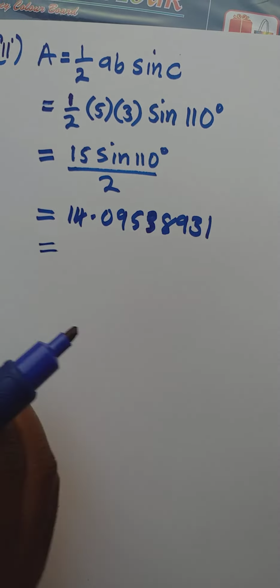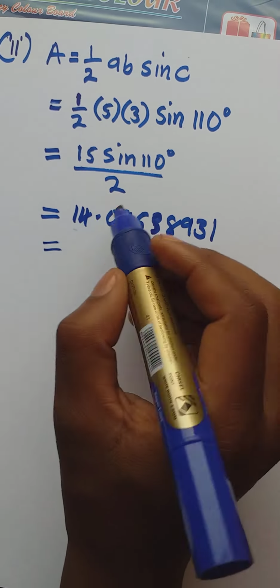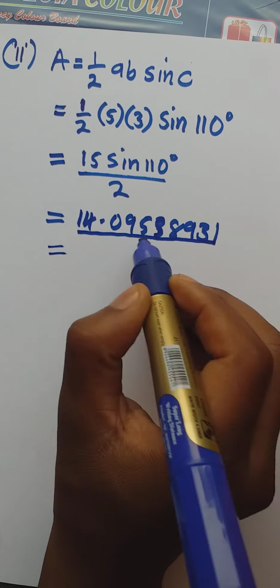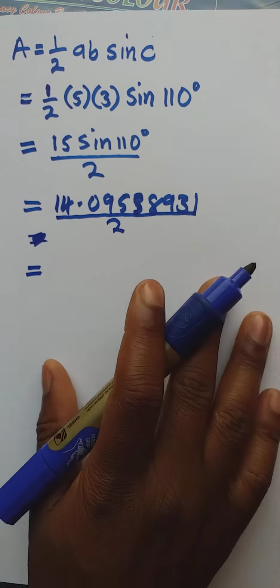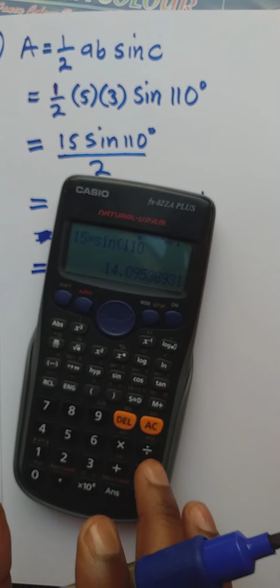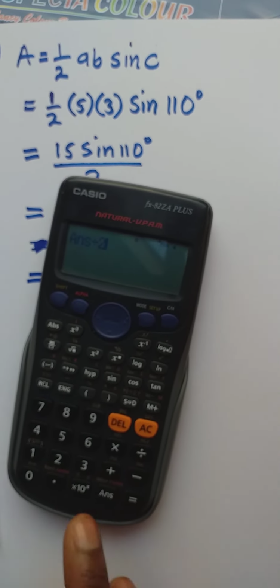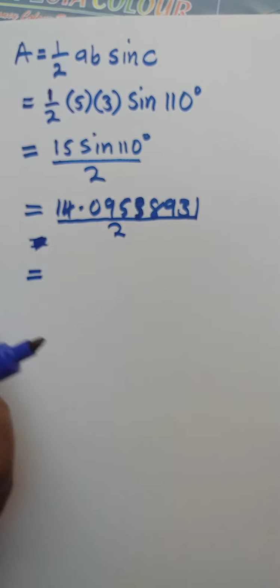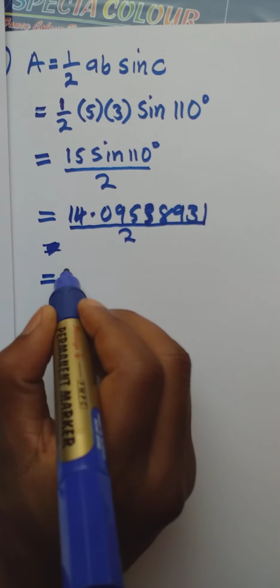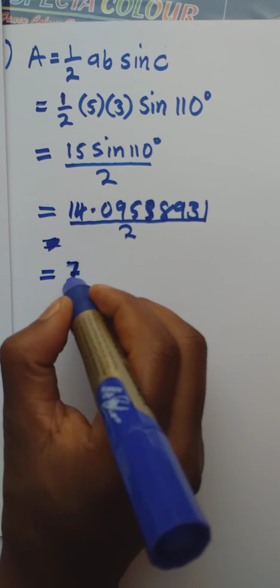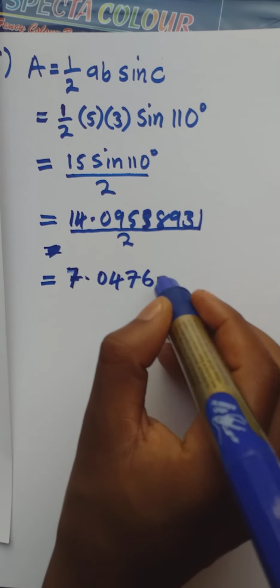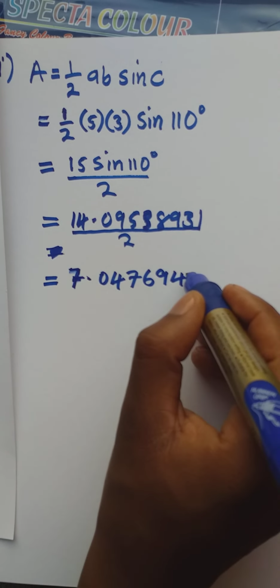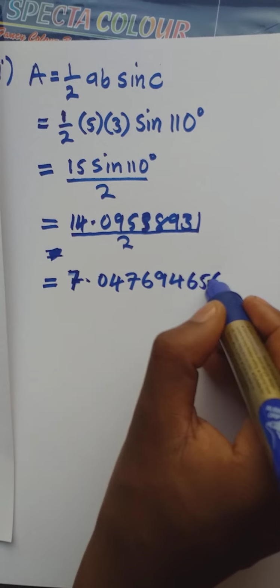Okay, then from there, you remember we need to divide what we've gotten on top with the 2. When we divide our answer by 2, we get 7.0476949656.